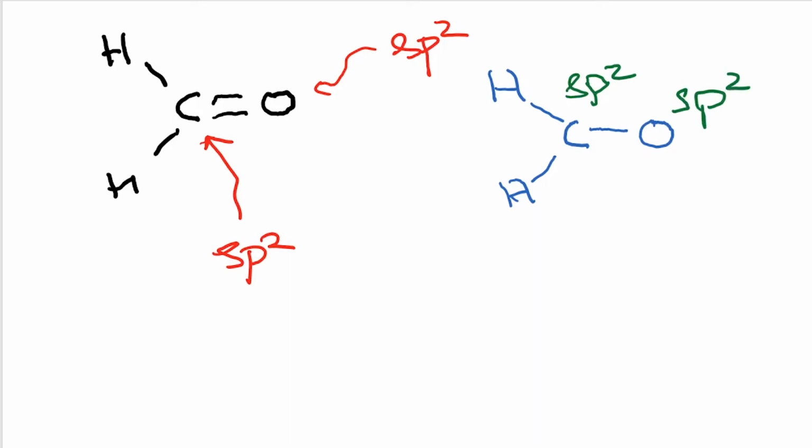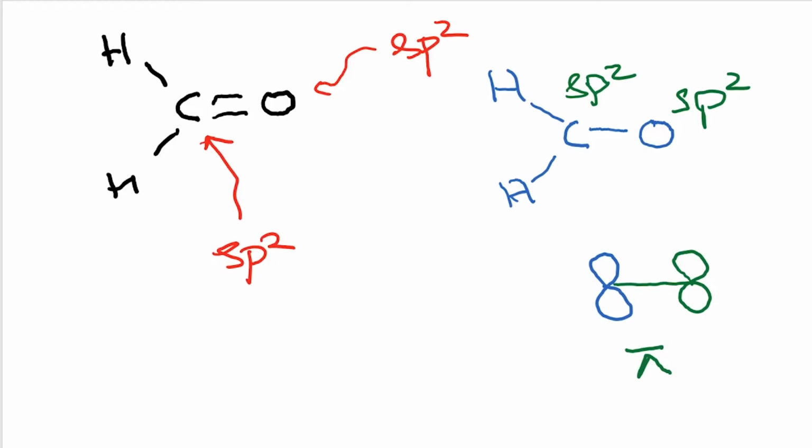The pi bond consists of two p orbitals, one on oxygen and one on carbon, and this bond forms the pi bond, which helps us understand the double bond. These are things that you already know, but I'm just doing a quick recap so that we can all be on the same page.